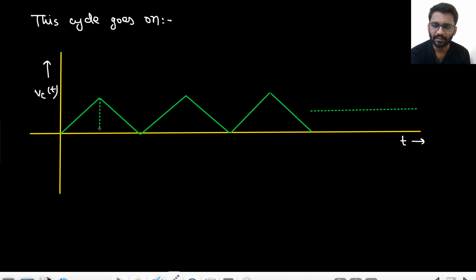This is T, this is 3T, this will be 5T, and all have the same peak.